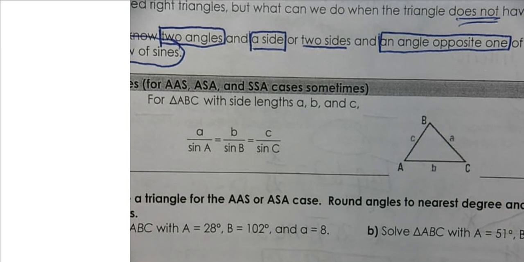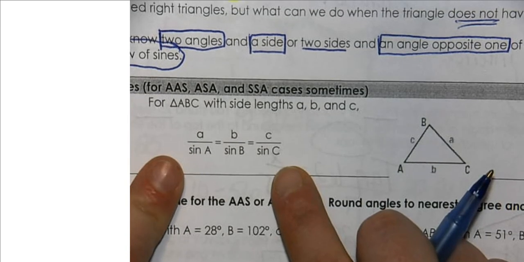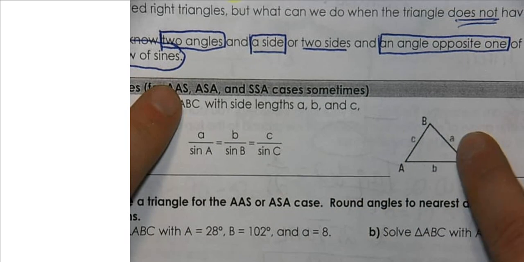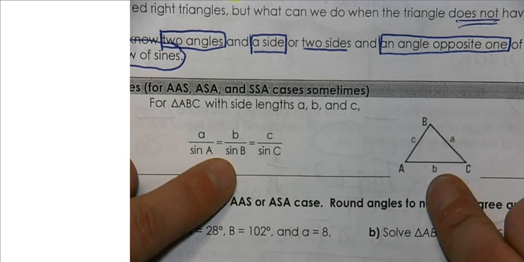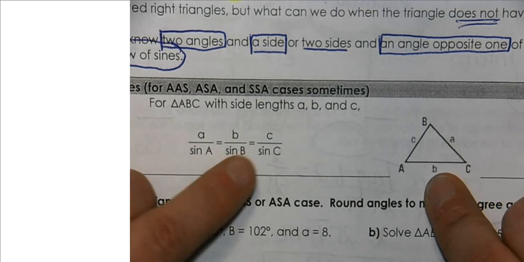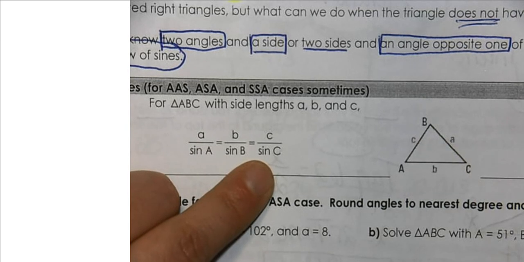For any triangle ABC, the following proportion is true. Side a divided by the sine of angle A equals side b divided by the sine of angle B, which is equivalent to side c divided by the sine of angle C.